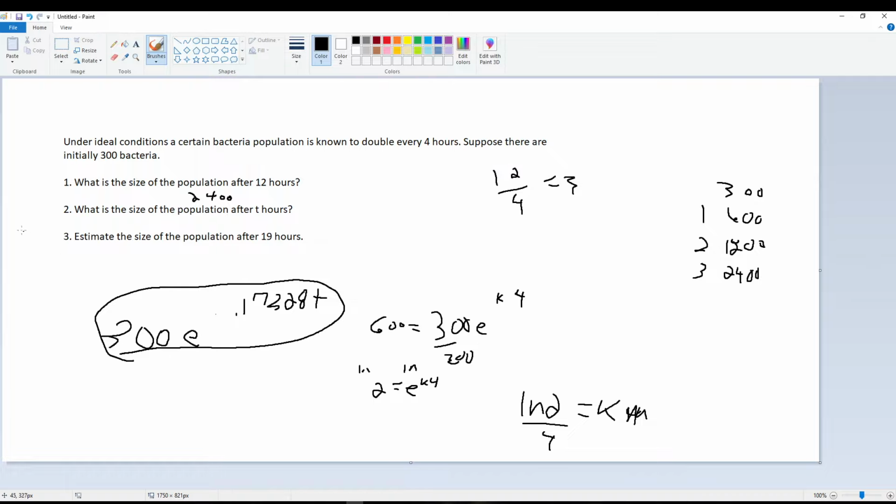And then for number 3, population after 19 hours, all you have to do is plug this exact same equation into Desmos.